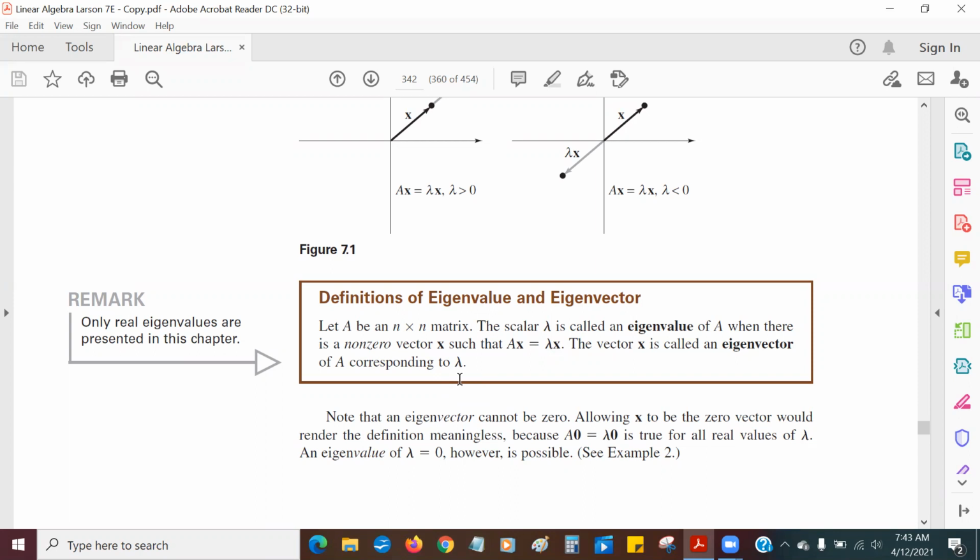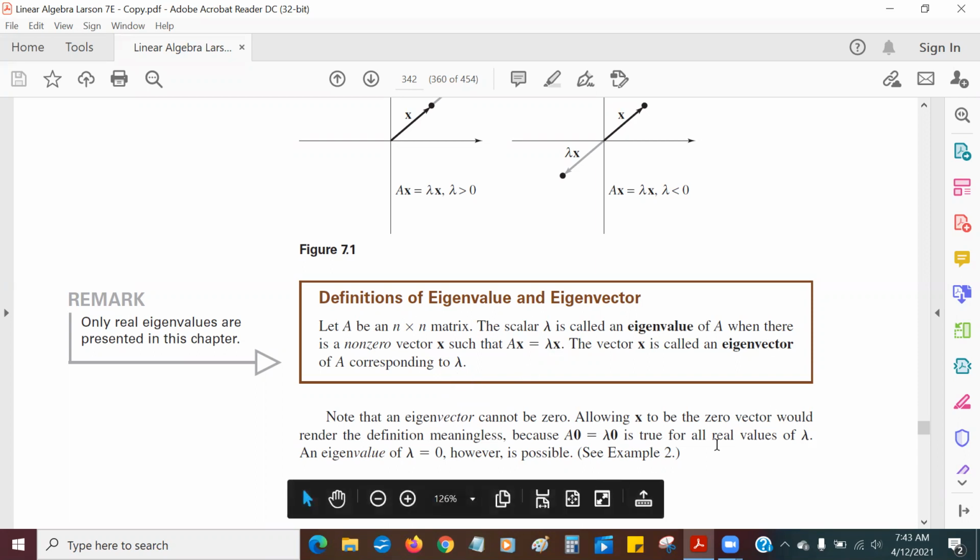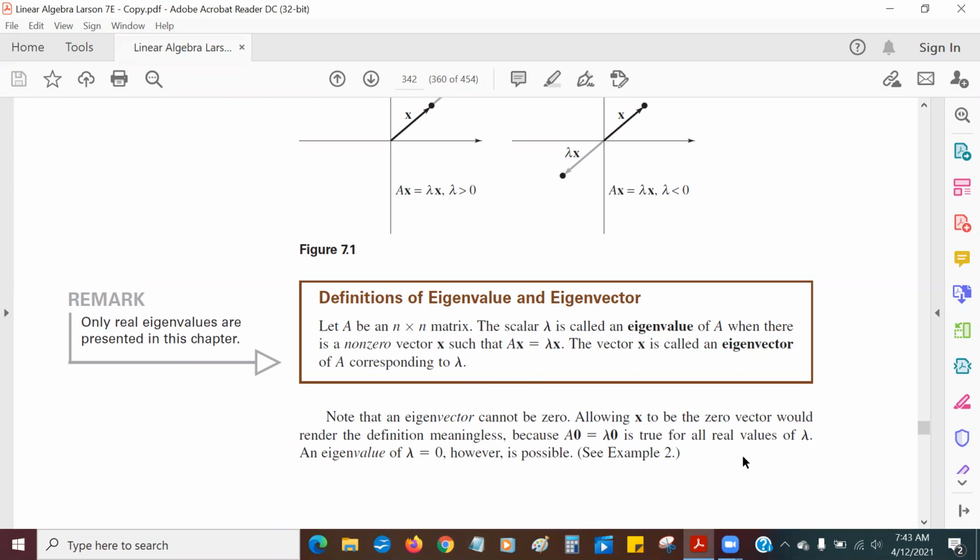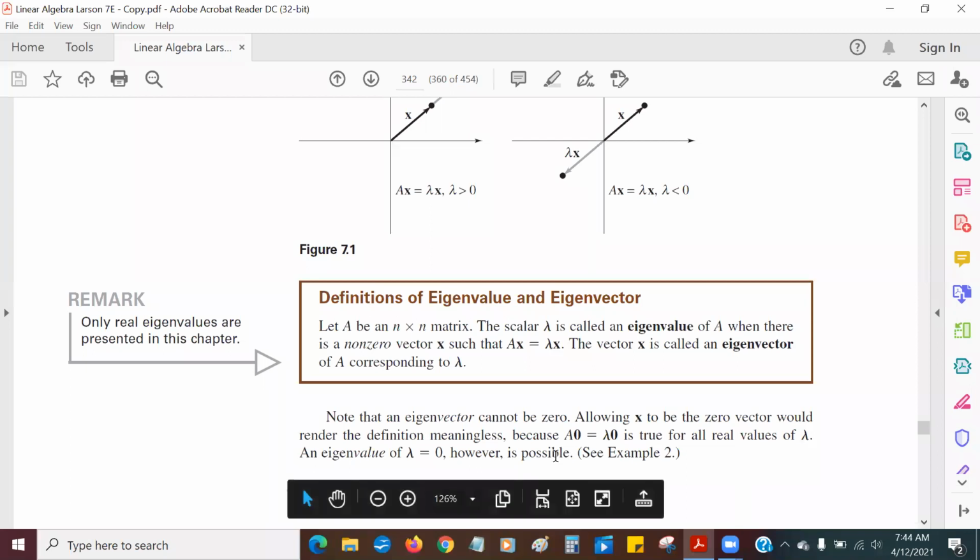But for now, we're just getting the definition straight. So an eigenvector cannot be zero, because if it was zero, then the whole thing would be dumb. If the eigenvector was zero, then I would just let lambda be zero, and there'd be nothing to talk about.